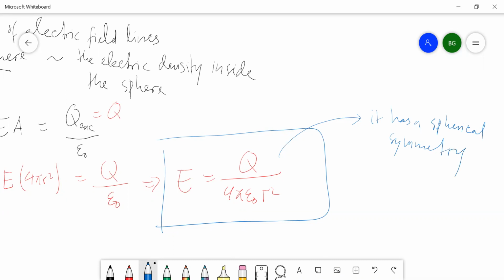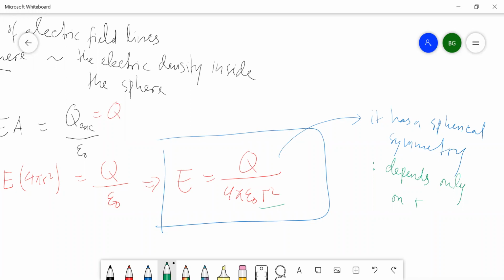Spherical symmetry means that in our case the field depends only on R, the radial coordinate. So this is the indication that the electric field E has spherical symmetry.